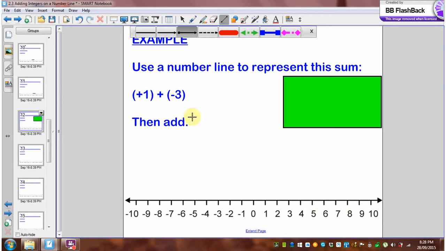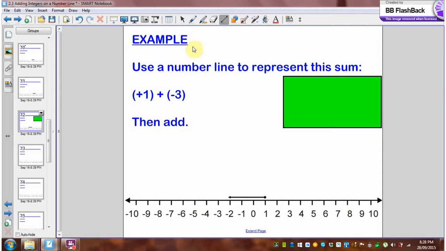So the difference here is that instead of going up 3, and remember that's positive, we're starting at our positive 1, and the negative means we're going down 3 spaces on our number line. So we start at 1, and then we go down 3 spaces. 1, 2, 3.